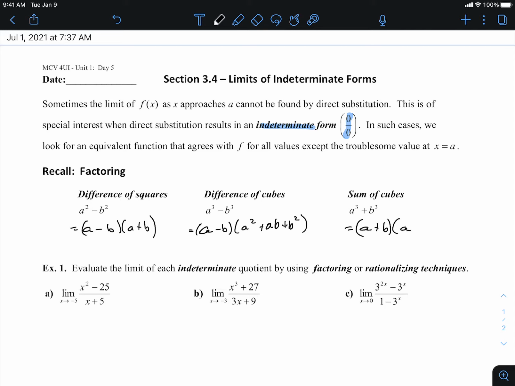We're going to have an a squared minus ab plus b squared. So these two you would have learned in grade 12 functions, and the difference of squares would have been learned in grade 10, applied in grade 11 when you did the rational variable expression unit. So what does this mean?